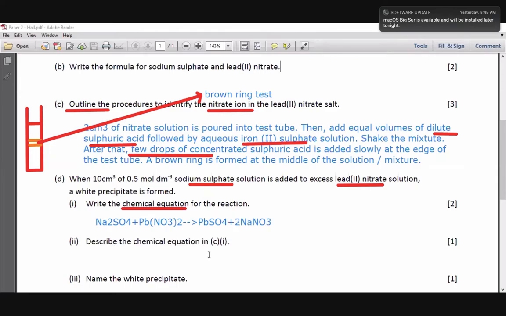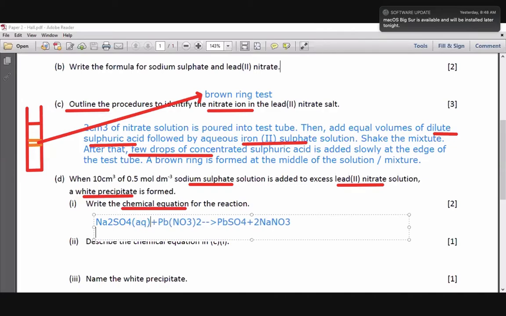Okay, very good answer. So in here, 2 marks. Maybe if you want, you can add the physical state. Right? Okay, this is the insoluble salt. And then they say this is precipitation, right? So you add it. Why add the physical state?